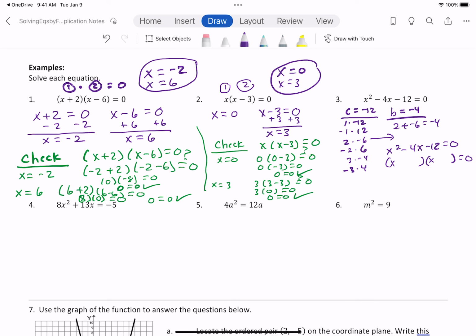And we just determined that the factors we need to use are +2 and -6. So now you see this problem looks just like problem 1 that we did. So we're ready to set each one of the factors equal to 0. And then we're going to solve each one.